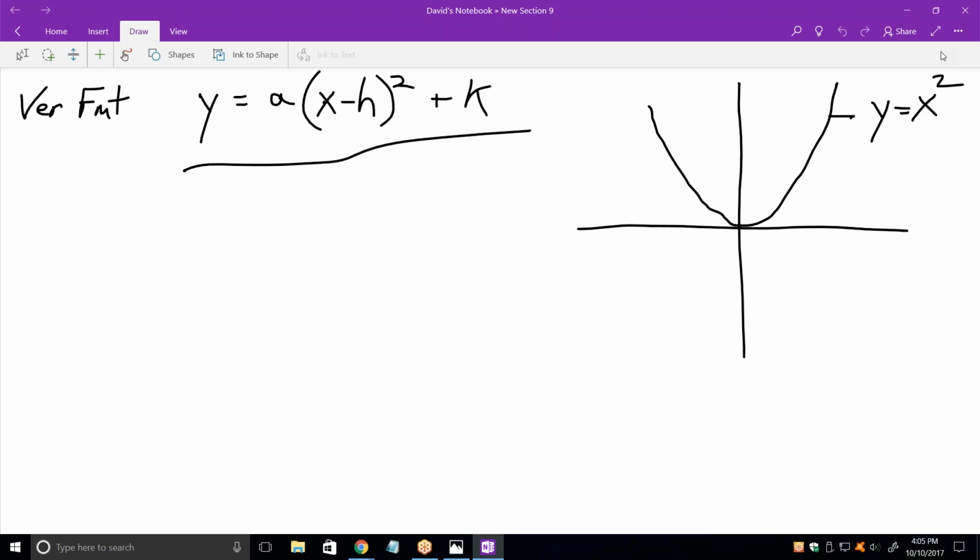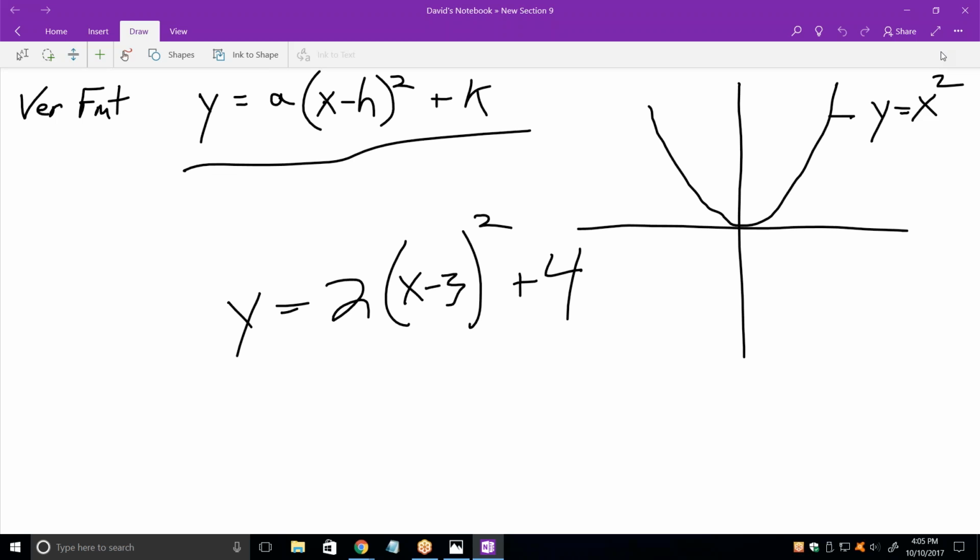In other words, if I had y equals 2 times (x minus 3) squared plus 4, tell me what the vertex is. 3, 4. 3 comma 4, yes.